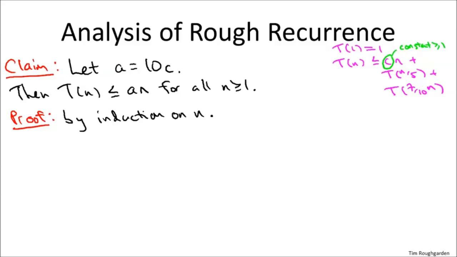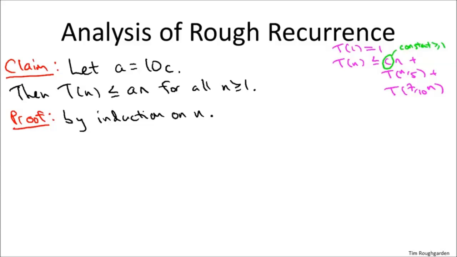So you just go through the argument with a generic constant, and then you're like, oh, well, if I set the constant to be this, I can complete the proof. So we'll see that's exactly what's going to happen in the proof of this claim. It'll be obvious. The very last line, you'll see why it shows a equals 10c. So I just reverse engineered it for what I needed for the proof. But to keep the proof easy to follow line by line, I decided to just, full disclosure, tell you the constant right at the beginning.